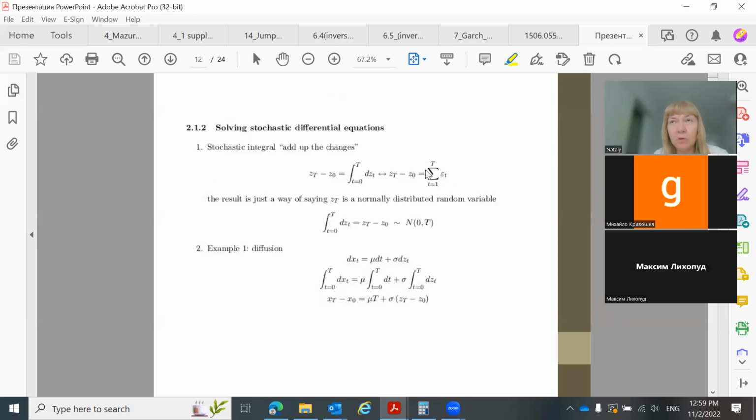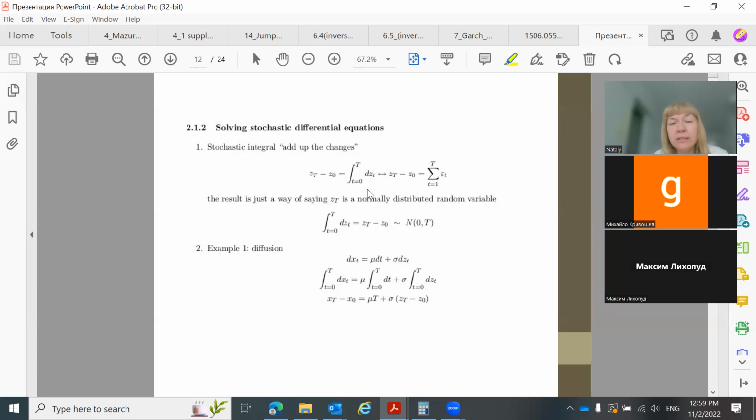So what is involved in solving this stochastic differential equation? First, we need to know what the integral of dz_t from t equals 0 to capital T is.